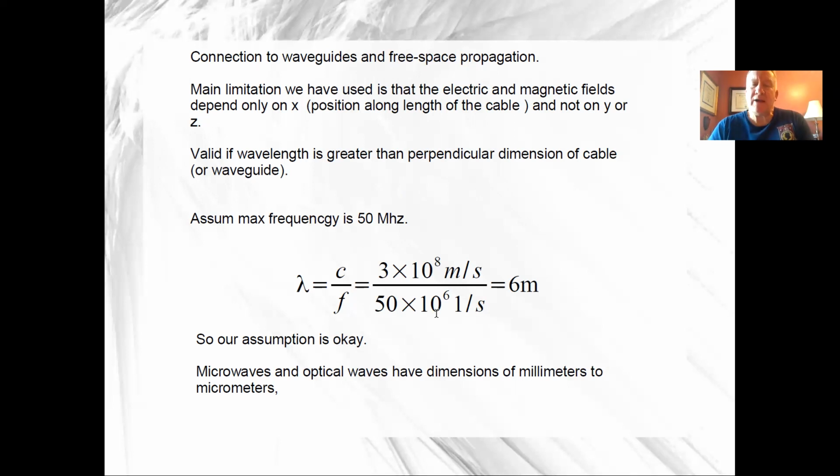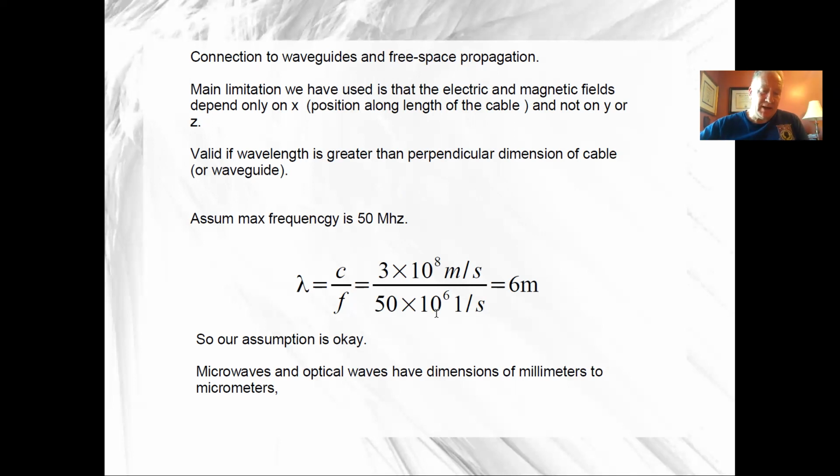However, if we look at microwaves and optical waves, for microwaves, their waveguides or their wires, if you will, are hollow tubes. So you send the waves down these hollow tubes.